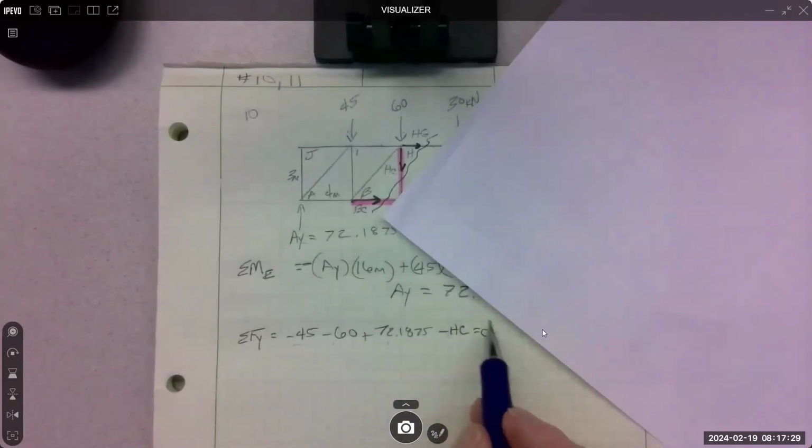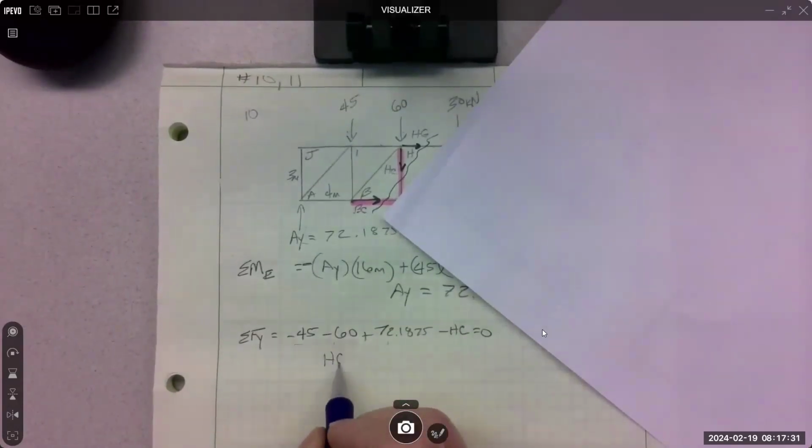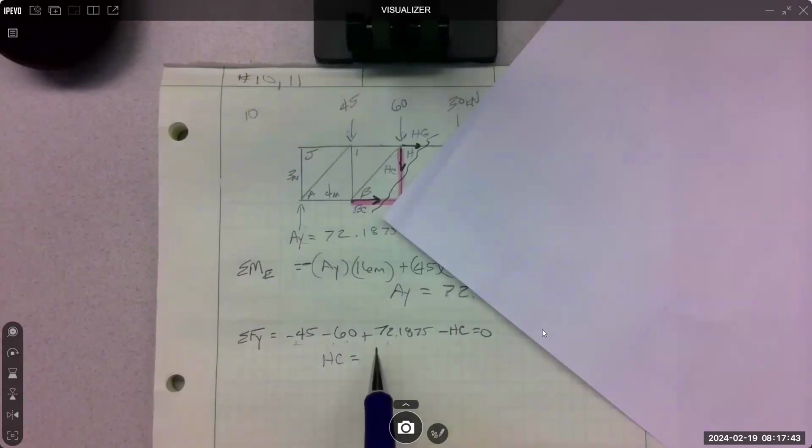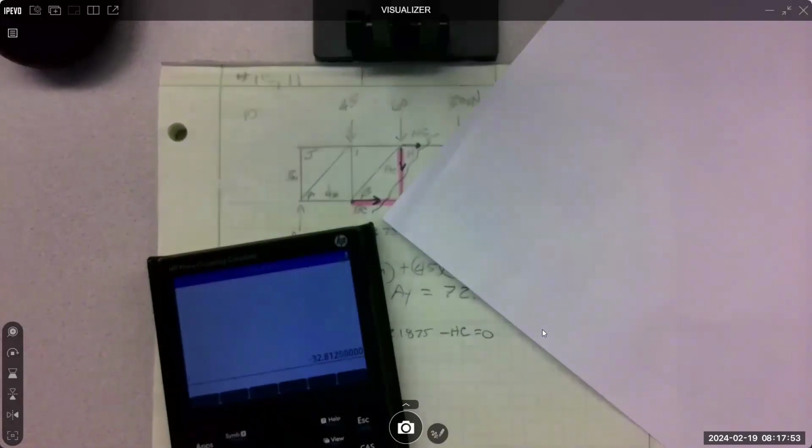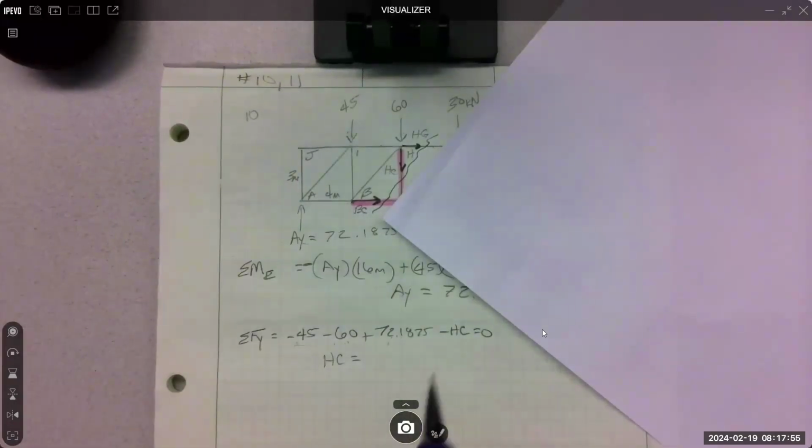So HC moves to the other side. HC equals negative 105 plus 72.1875. I end up with a negative 32.1825.